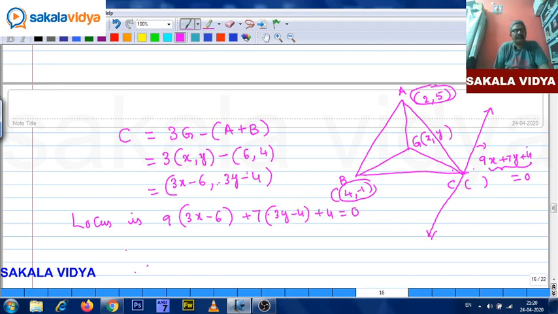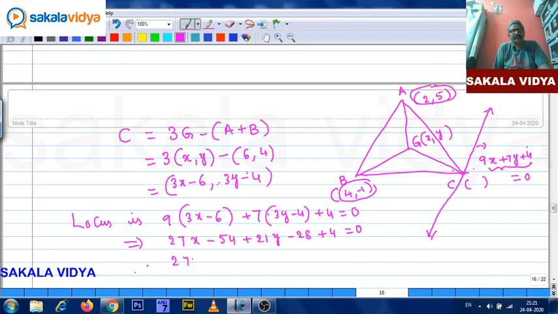Let it be simplified. 27x minus 54 plus 21y minus 28 plus 4 equals 0.